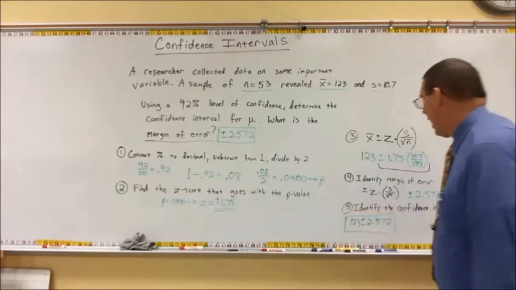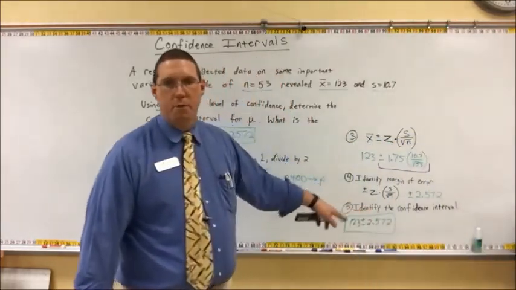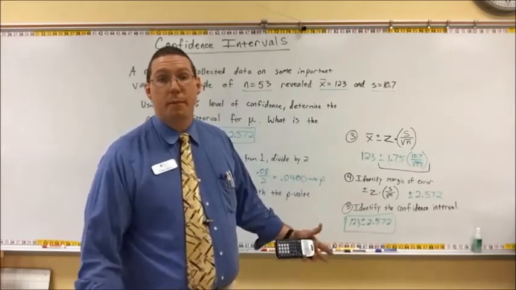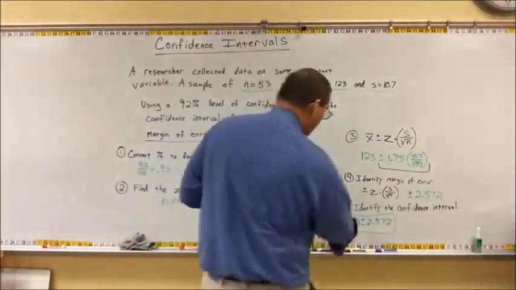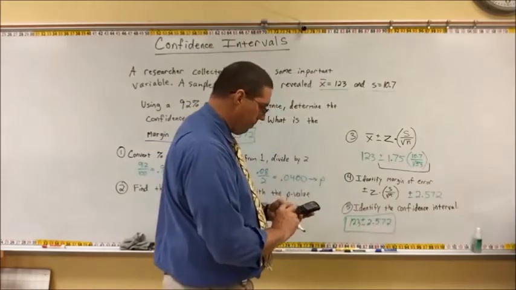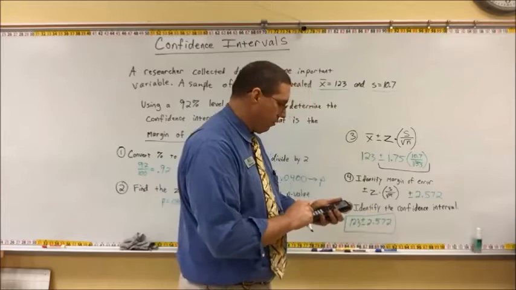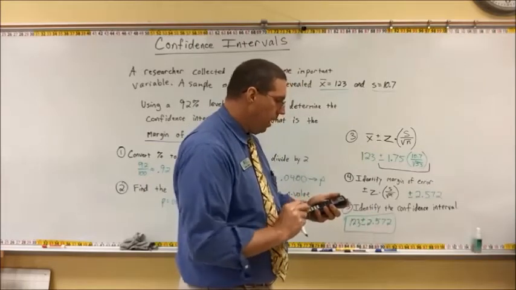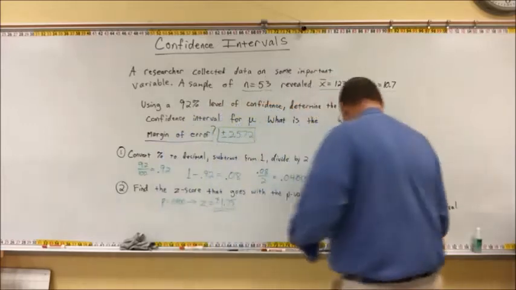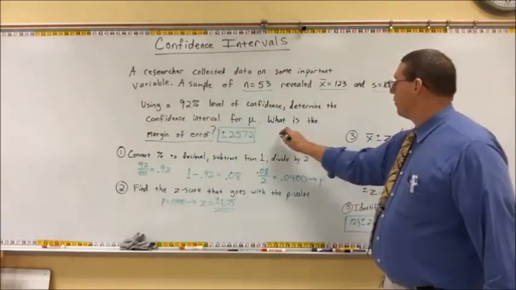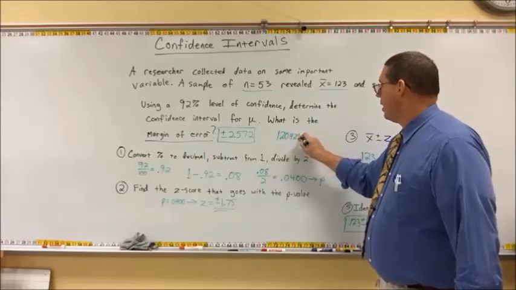And if you want to know what the actual interval is, because sometimes you can just write it as the mean plus or minus the margin of error. Sometimes you might actually have to calculate the numbers. Well, in that case, we just have to do 123 minus 2.572. And that gives us 120.428. Watch this.